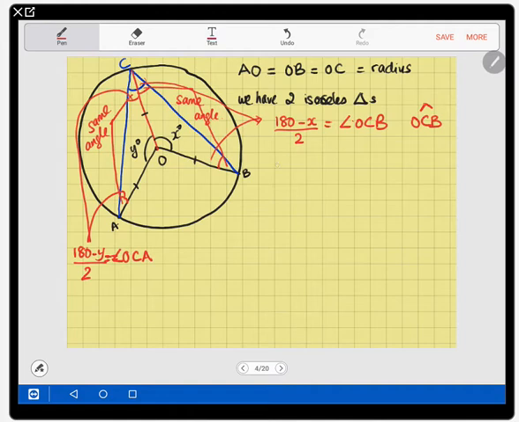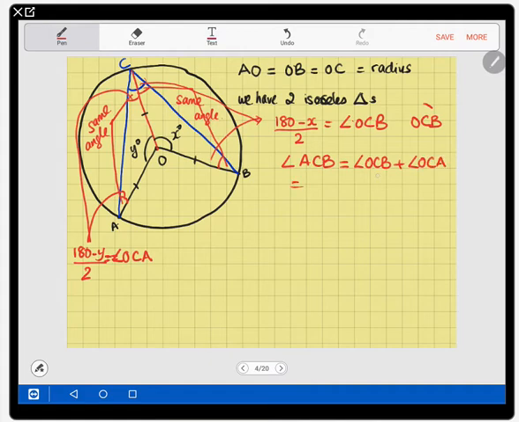So let's calculate angle ACB. It will be equal to angle OCB plus angle OCA.